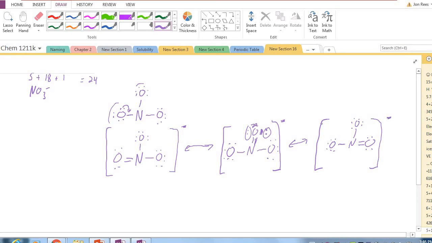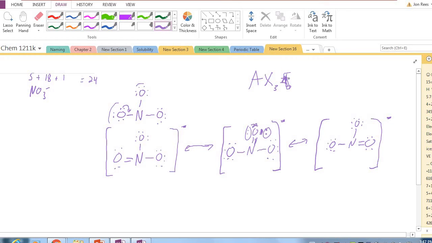Now I have an A, meaning the central atom here is nitrogen. I have X, which means that I have 3 atoms surrounding that central atom of nitrogen. So I have AX3, and I have a lone pair electron count of 0.